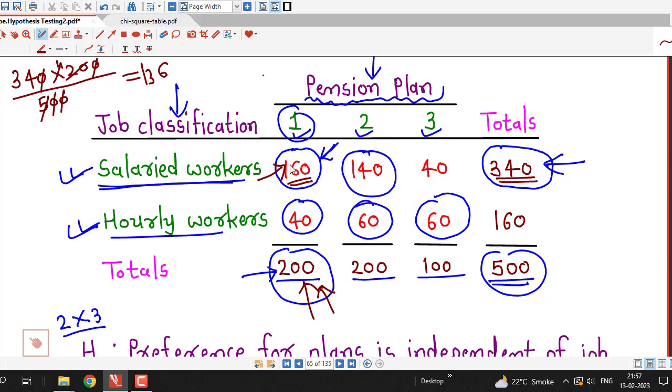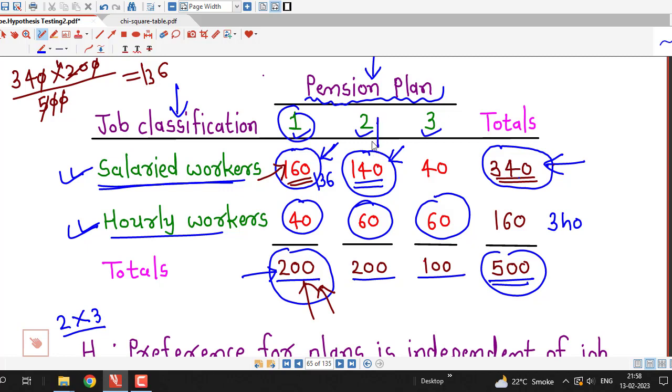Therefore the expected frequency corresponding to 160 is 136. Similarly, if I am interested in the expected frequency corresponding to this cell, then this cell is in the first row, so I will consider the first row total.